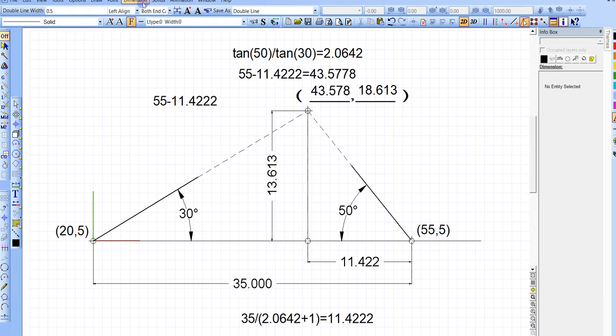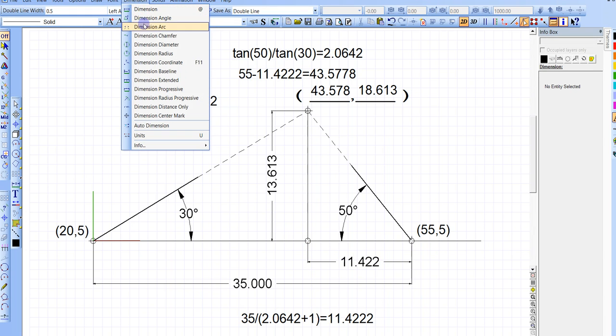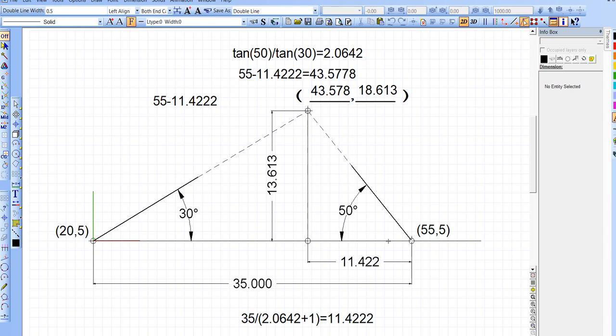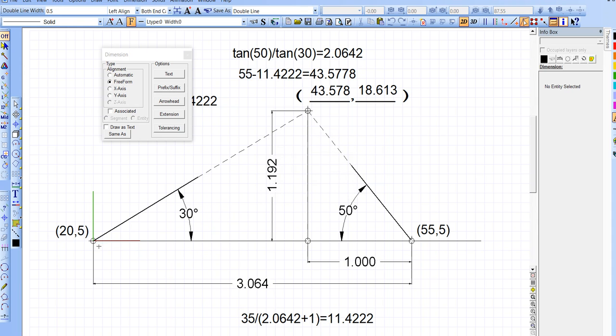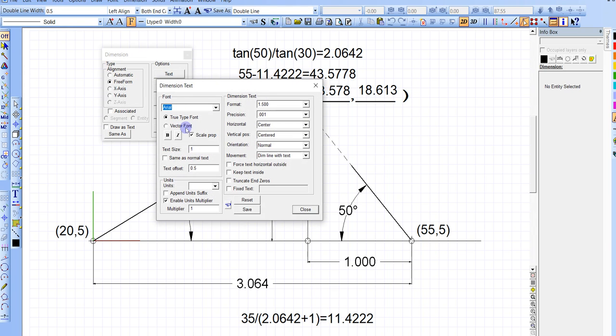Let's go dimension units. What I'm trying to show you is how we scale this down, why it's the same. Dimension units. We take that and make that 1. This becomes 115, enter.